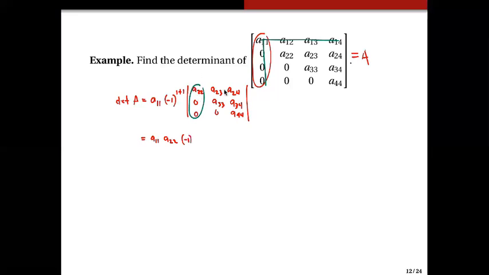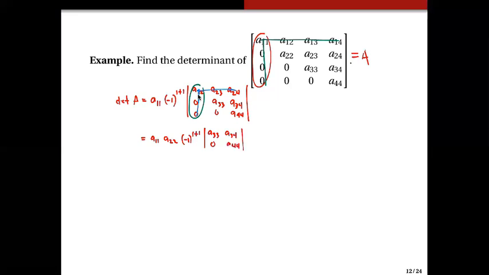Take note that in this 3 by 3 matrix, A22 is the 1, 1 entry, so the exponent will be 1 plus 1. Then we delete this row and this column, so the remaining submatrix will be A33, A34, 0, and A44.